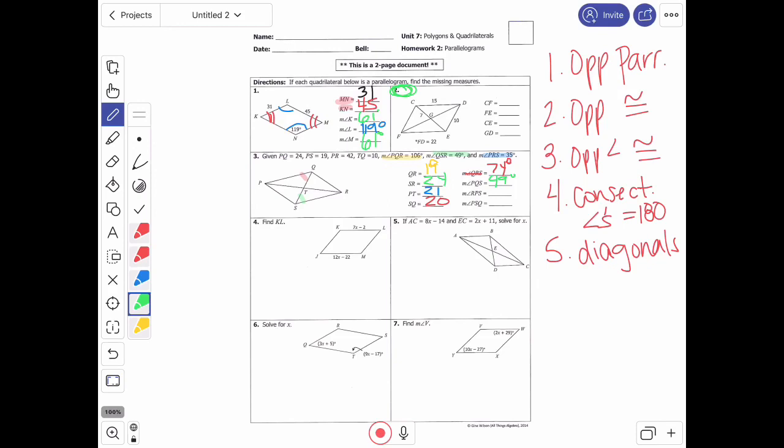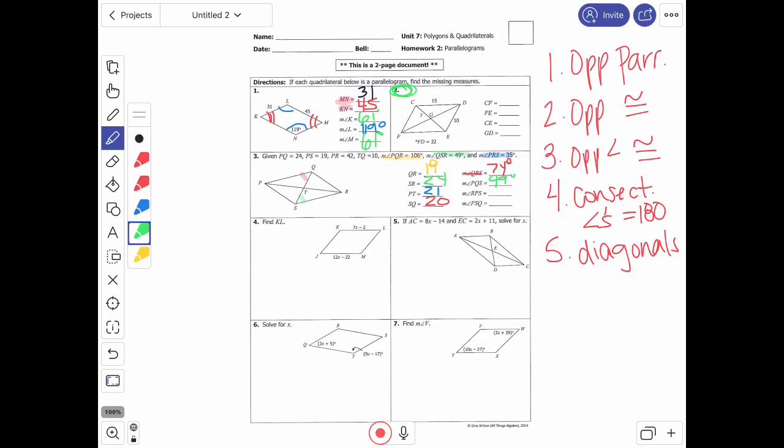Okay, next one we have angle RPS. So we know that angle PRS, this angle down here, is 35.